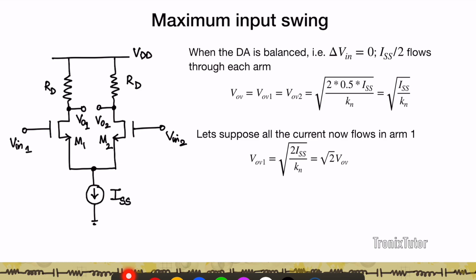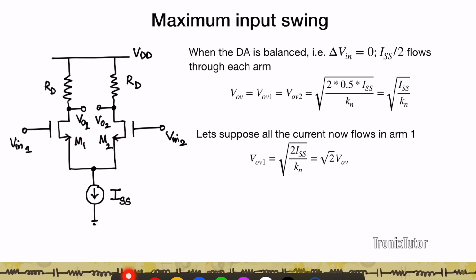So this circuit works only when the input voltage swings between plus or minus square root of 2 VOV, where VOV is the voltage required when both the arms are balanced.